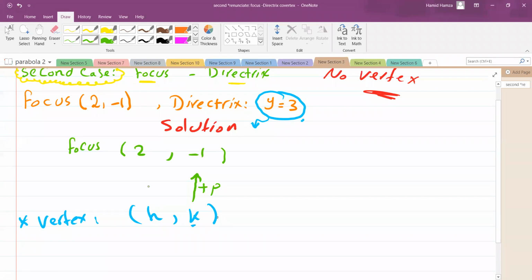So let's form this. That means H equals 2. And K plus B equals -1. That gives you this part. So let's write here. The first value I get here is H. H equals 2.